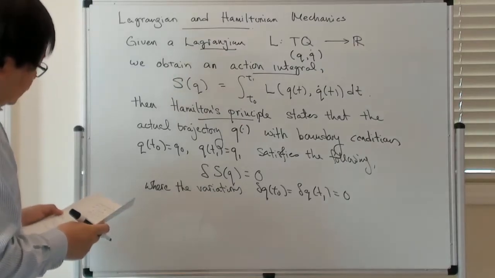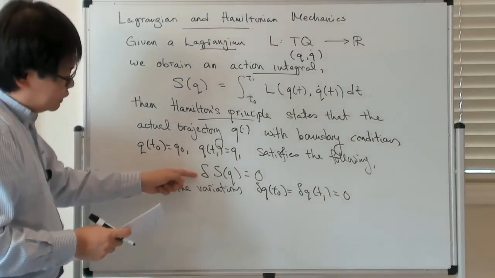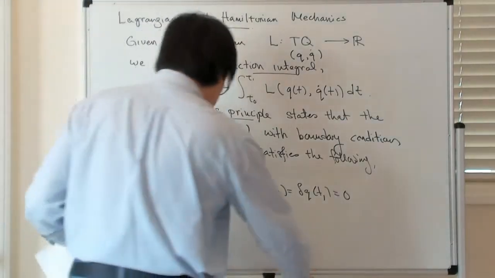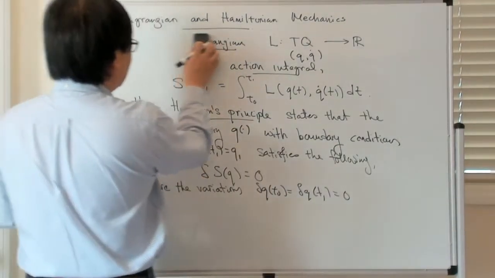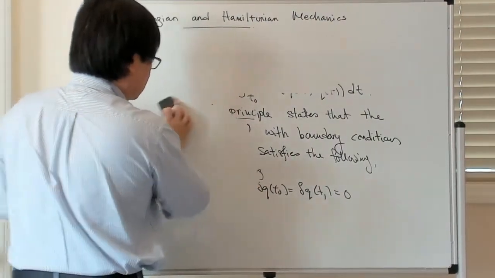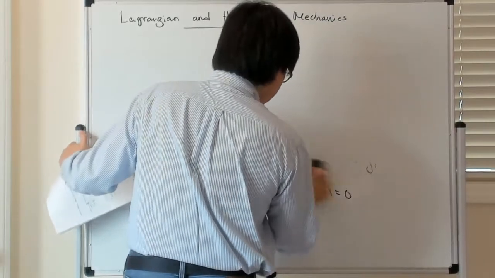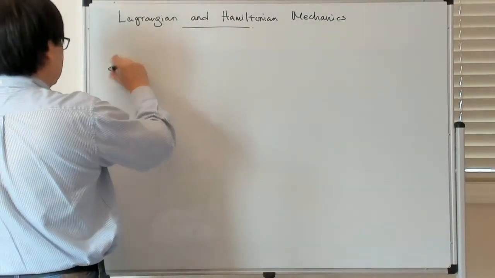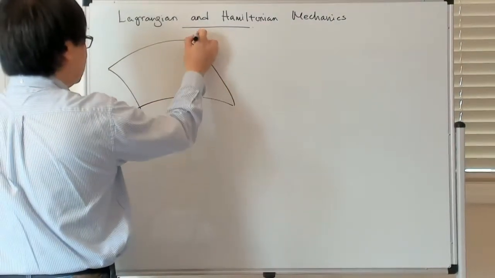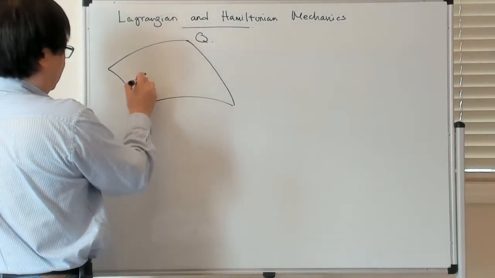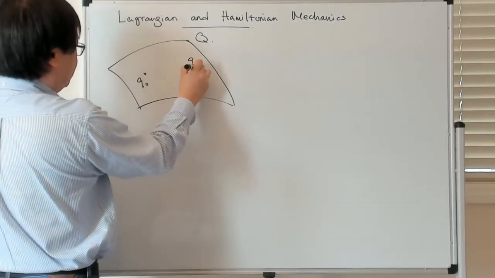Okay, so you might ask, what do I really mean when I say delta of S of q is equal to 0? Let's try to understand that. Let me draw a picture for you. You have some configuration manifold Q, and you have an initial point q0 and a final point q1.